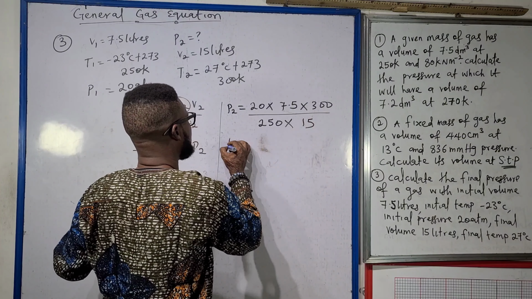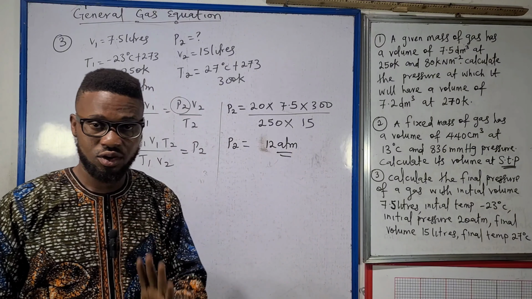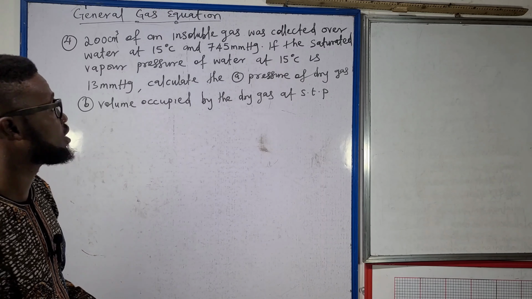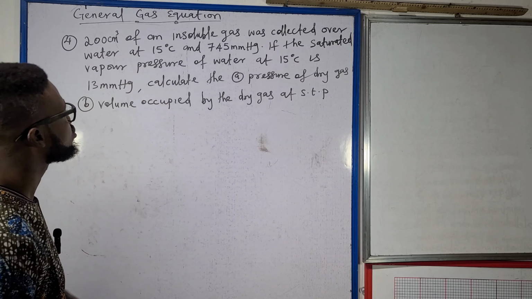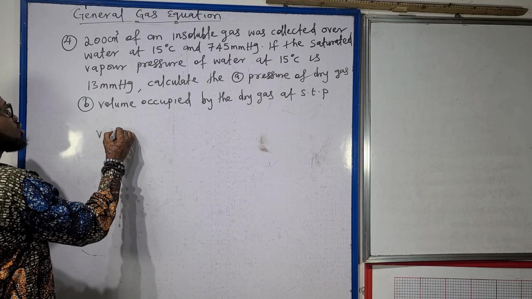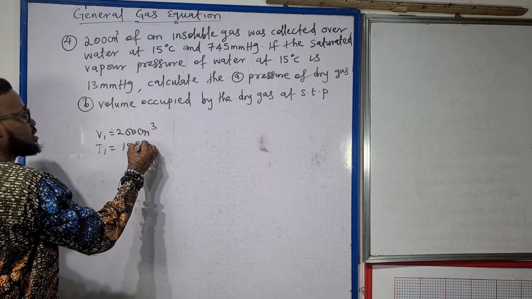Let's take a question that has to do with collection of gas over water. So moving on to the next question, we have a question here that talks about collection of gas over water. We have 200 cm cube of an insoluble gas. So that means V1 equals 200 cm cube was collected over water at 15 degrees Celsius. T1 equals 15 degrees Celsius.